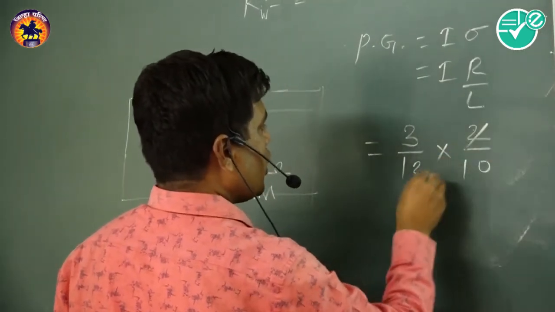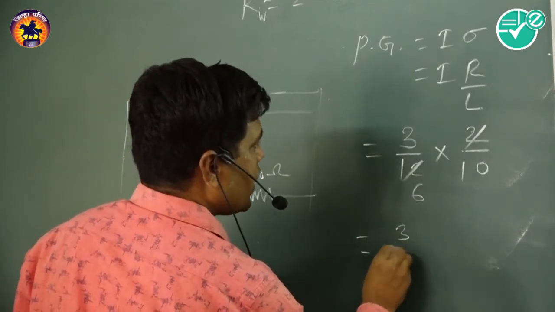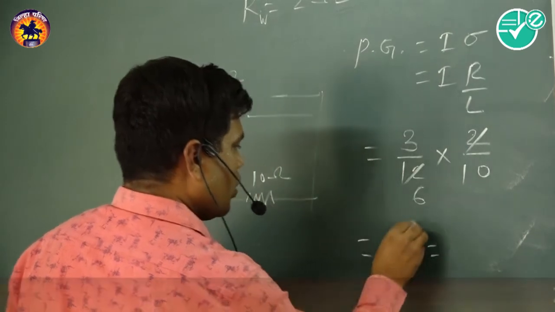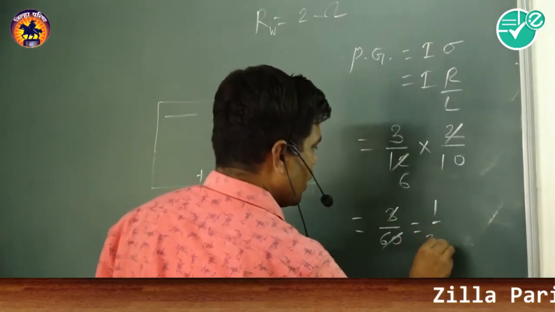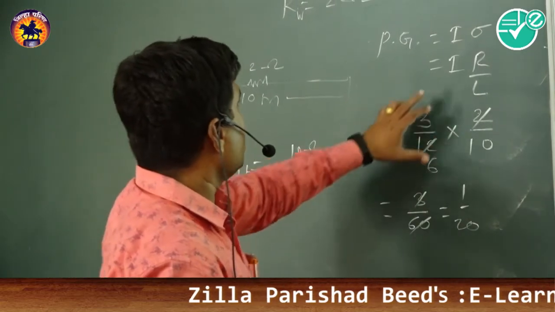From this data you can calculate 3 by 60 is equal to 1 by 20.